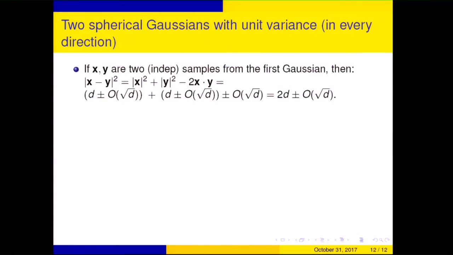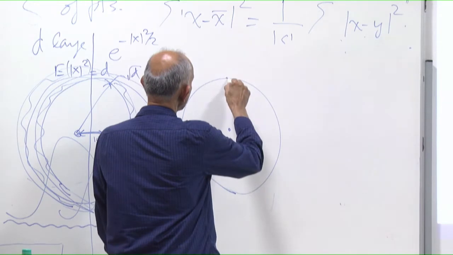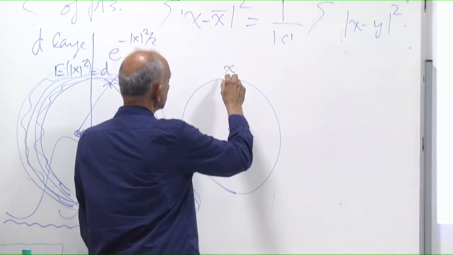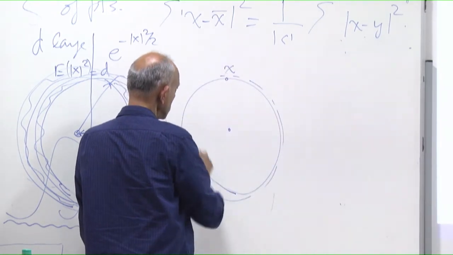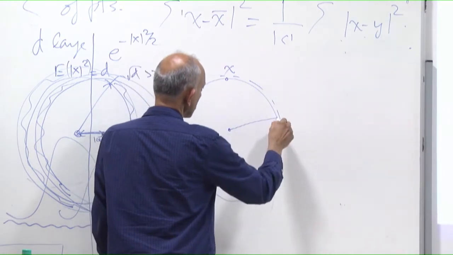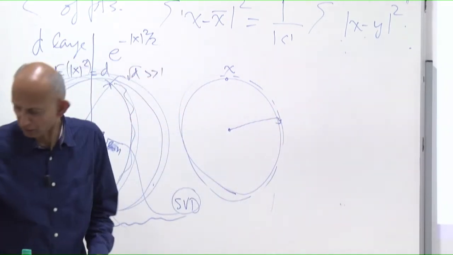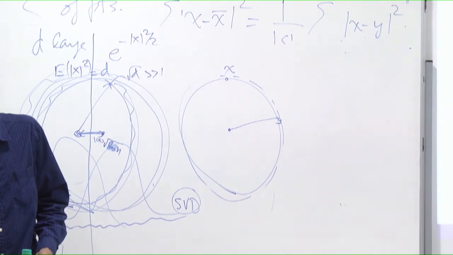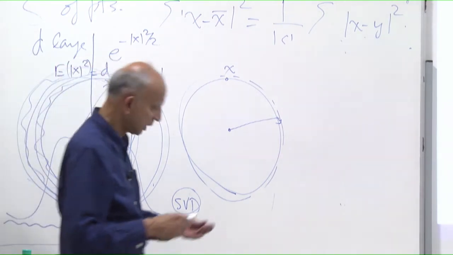If x and y are independent samples from the first Gaussian, then, maybe I should draw the picture again. x is one sample from the first Gaussian. It's always in that annulus. And y is another sample. That was that picture, actually. That is the first picture, right?